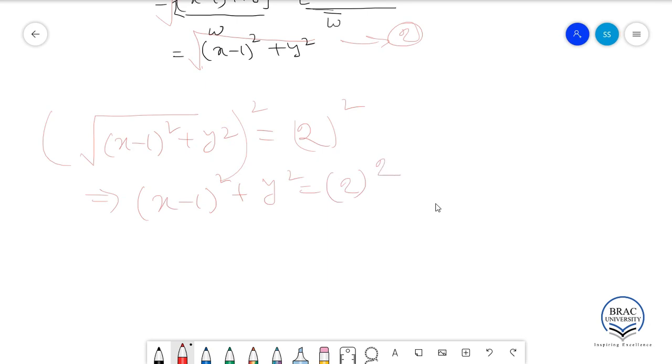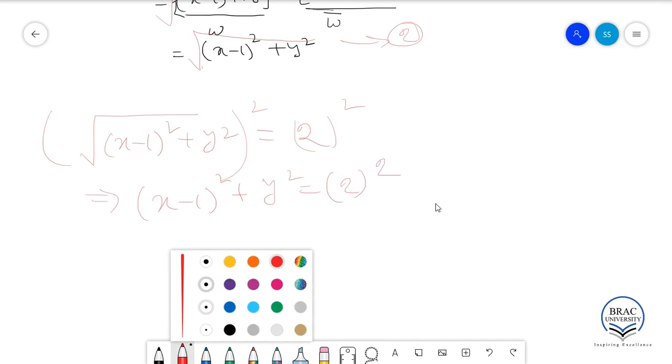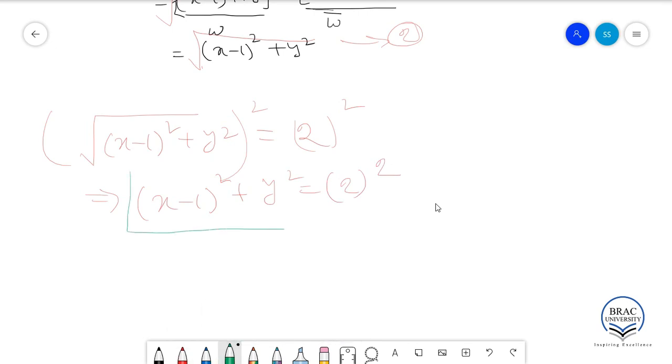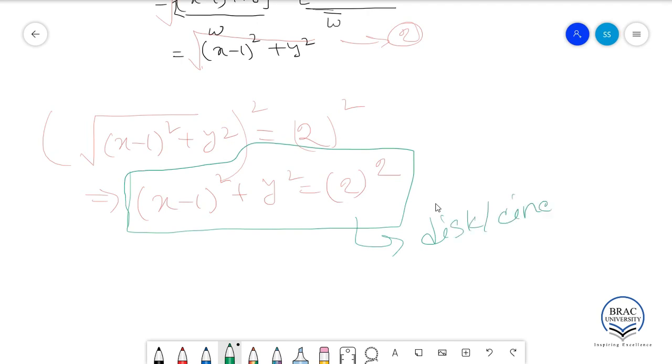Now this equation over here actually represents a circle or a disk, whatever you want to call it, because this is a standard equation for a circle with radius 2.